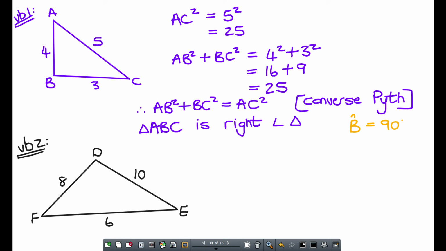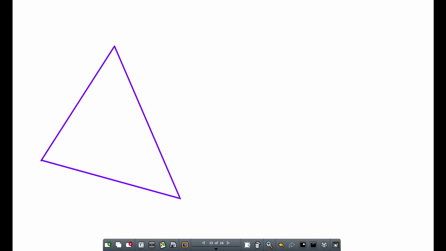I don't know. We're going to see now. So, if ABC squared is the same as AB squared plus BC squared, then it's a right angle triangle, yes.